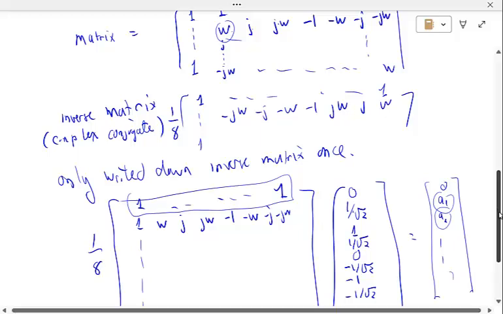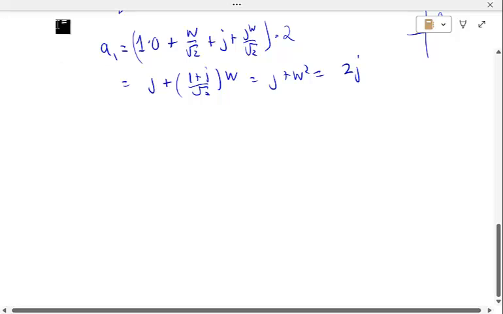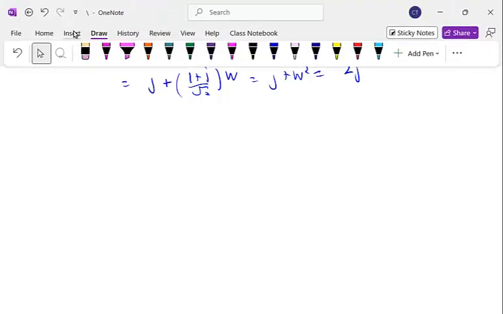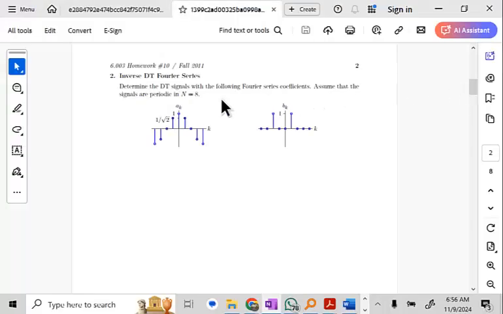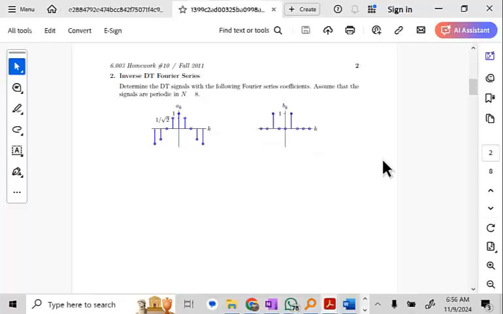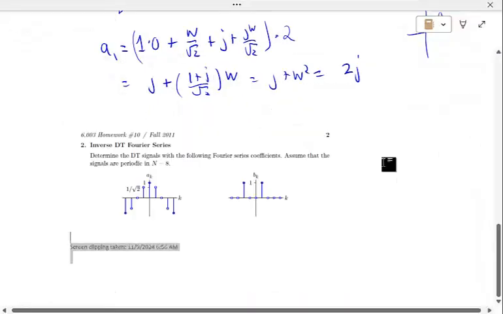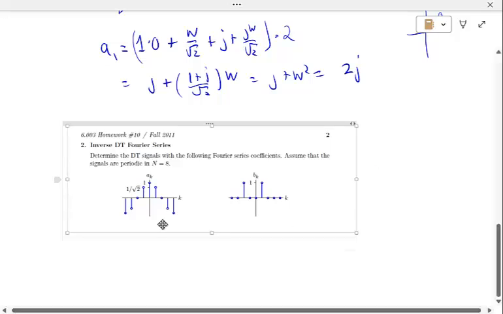Okay, so for the second set of problems, I'll just grab one and show you. So we'll just use the forward matrix.